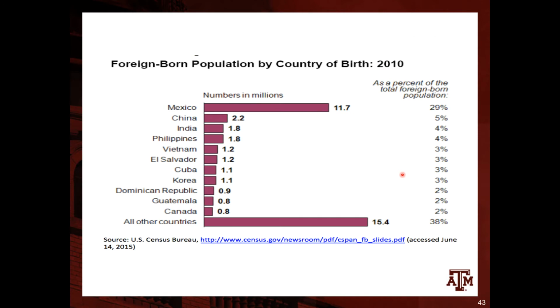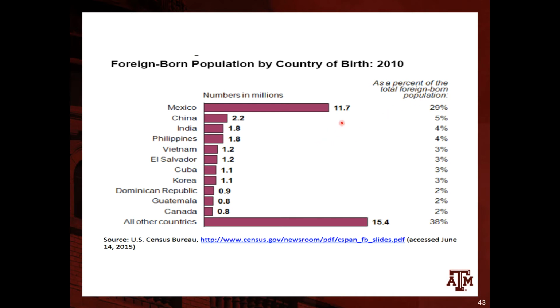And this is another graph that also comes from the textbook. It shows the foreign-born population by country of birth, just to show that the immigrants born in Mexico are still a really large population, almost 12 million people, and they are 29% of the total foreign-born population in the US.